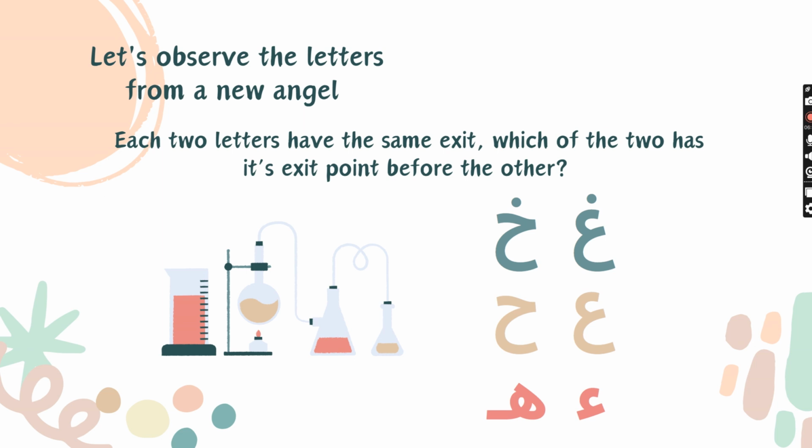And here we are going to observe the letters from a new angle, okay? Which of them is articulated first? This is a new point we are discussing now. Both of them exit from the same place, but which exits first?